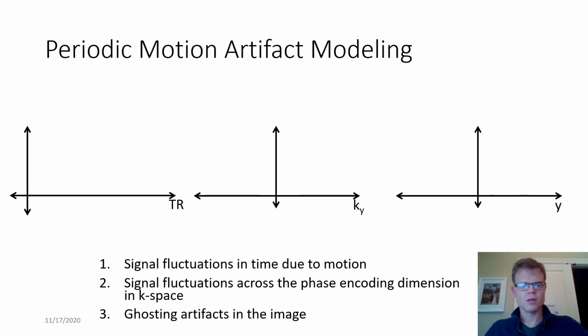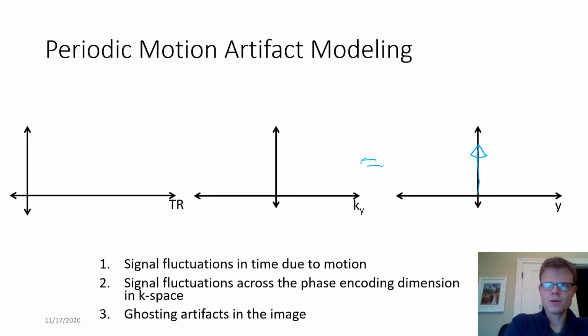So here's how we're going to model this motion. I'm just going to propose this simple model for the data. Let's consider just a point, so the object that we're imaging is just a point source or a delta function.